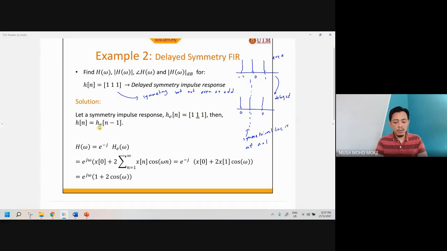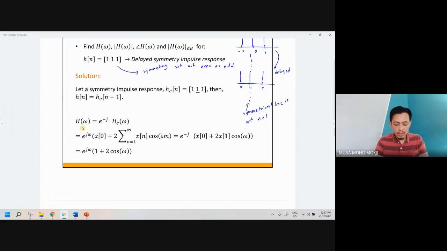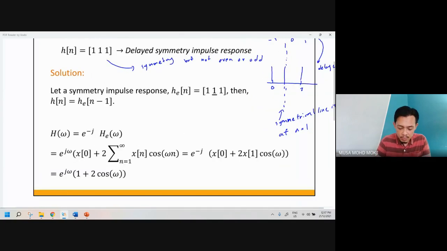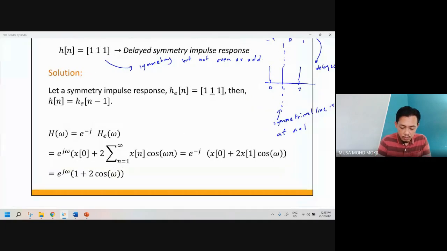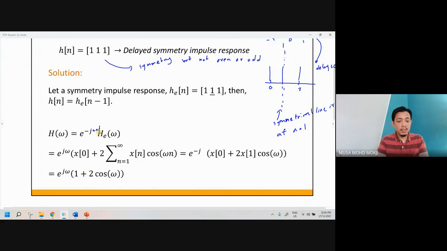We can solve he[n] first, and then use the time shifting property to solve h[n]. Now something is missing here: this is supposed to be e to the minus j omega nd. What is our nd? nd is 1 here. So if nd is 1, then we can simplify that.